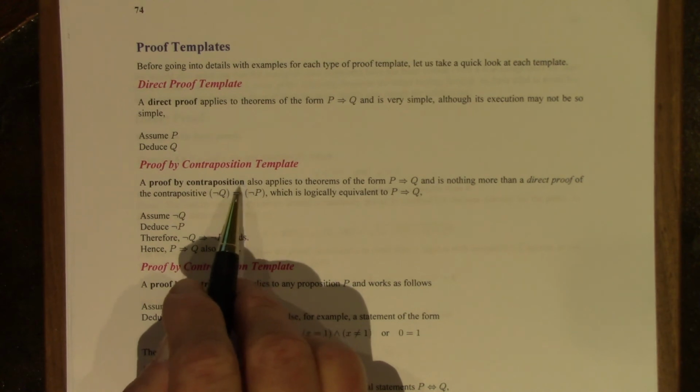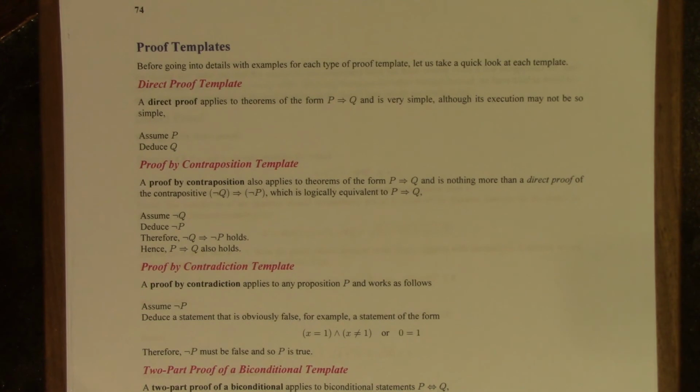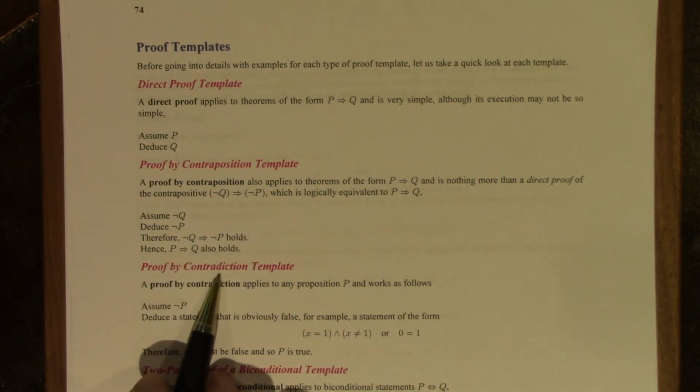For proofs by contraposition, the first sentence in your proof should be, our proof is by contraposition, or some words to that effect. Even just the 3 words, proof by contraposition, period. It's important to tell the reader which template you're using for these 2 templates.